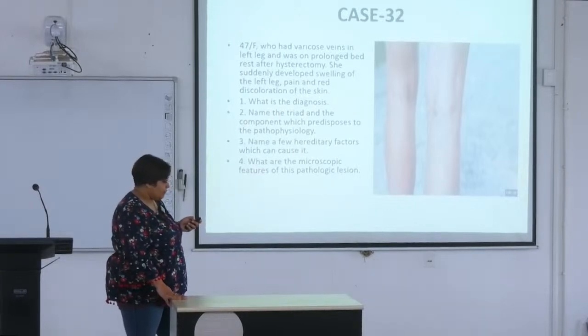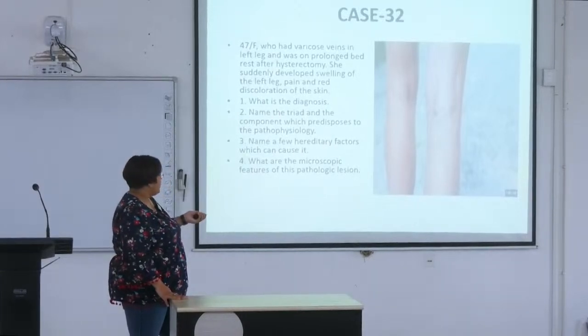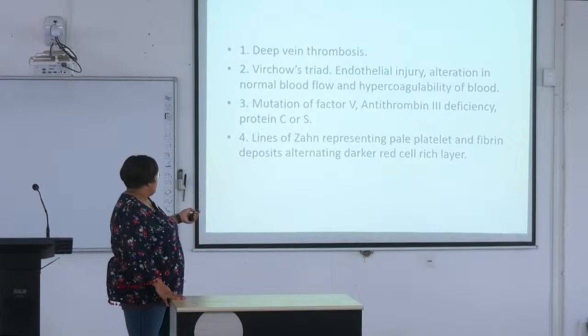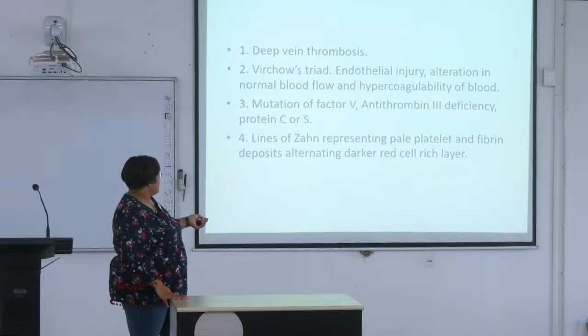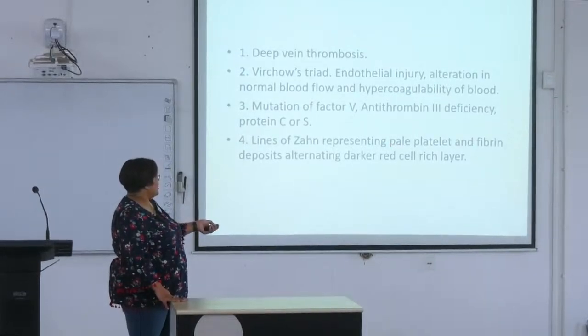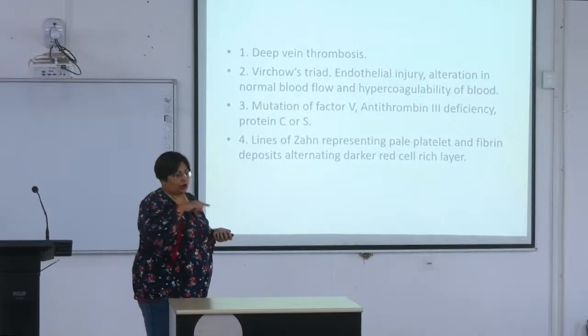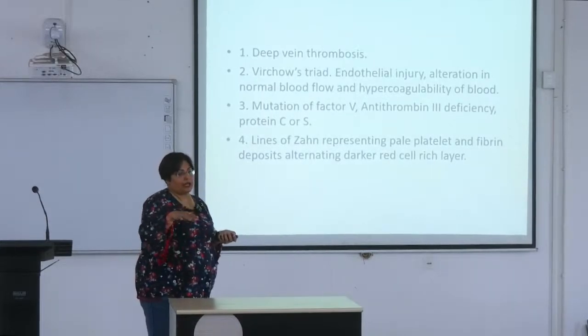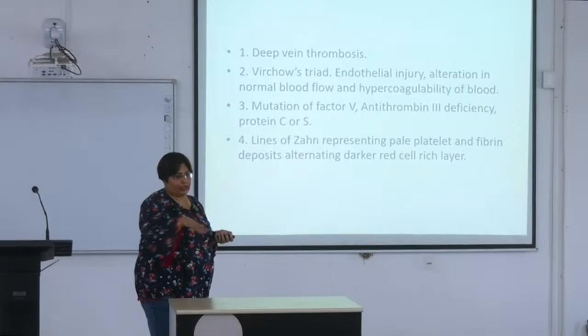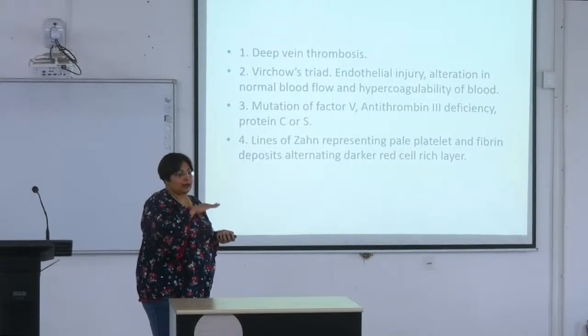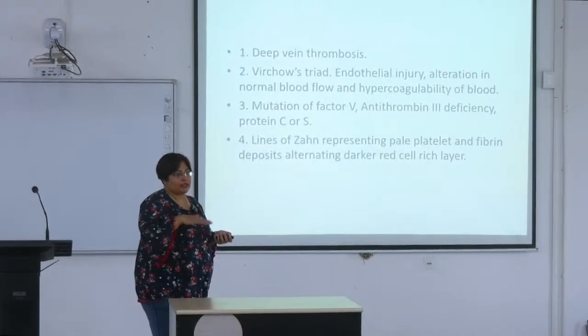What will we get if we see the microscopic features? We shall get the lines of Zahn representing the pale platelet and fibrin deposits with alternating darker red cell rich layers. So, when there is thrombus formation, there is a layer of platelet and fibrin, and above that there is a layer of RBCs.